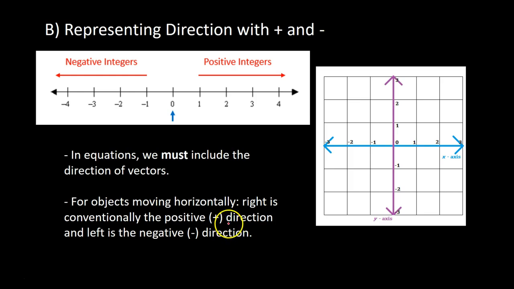Now, when we're dealing with these vectors, these things that depend on direction, obviously it would be valid to talk about it when it comes to things like a conceptual question. Oh, an object was moving north at such and such velocity. But we also have to keep track of this direction when it comes to plugging into equations. And while you don't have to copy this down, the convention we're going to use is very similar to what you would see in a math class when it comes to a number line or a graph.